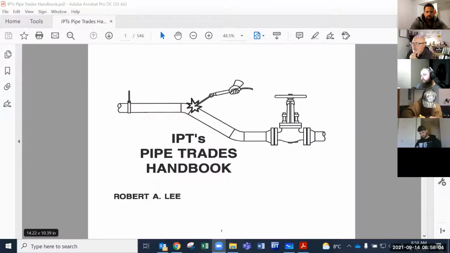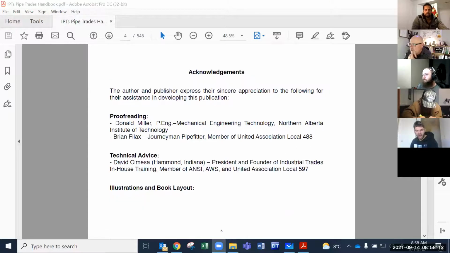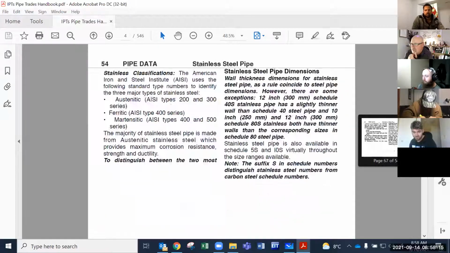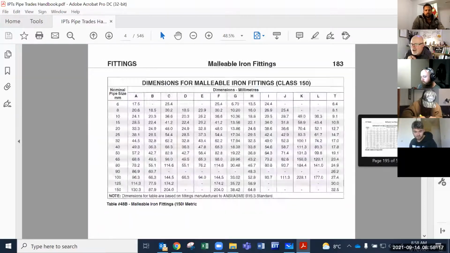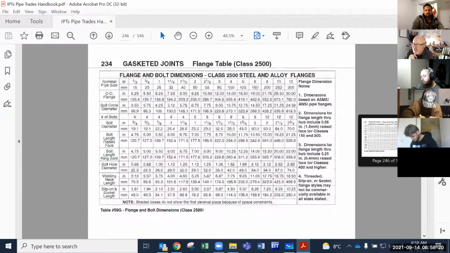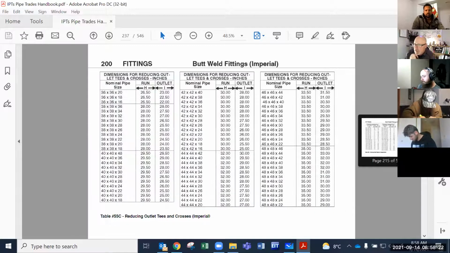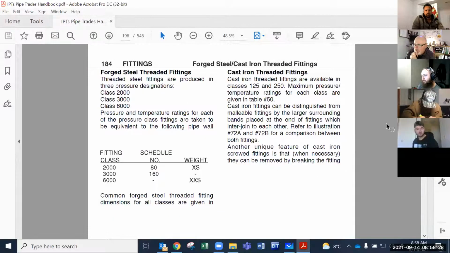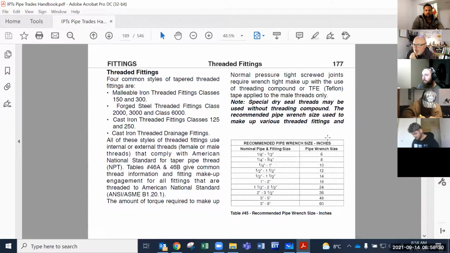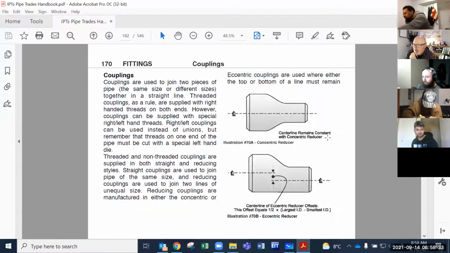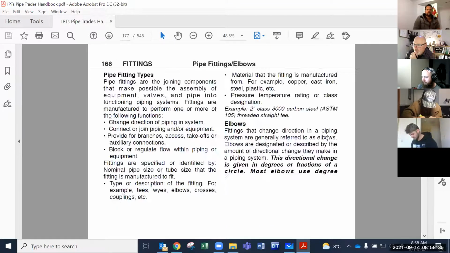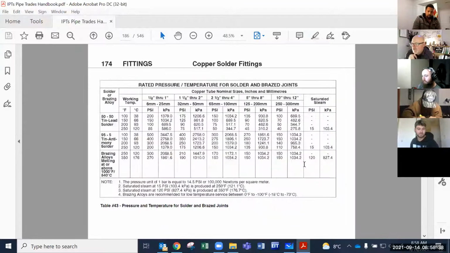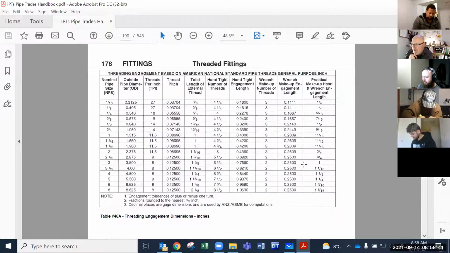So in your Pipe Trades Handbook here, what you can do is I'm going to scroll all the way to screwed fittings, and it's going to be way down here in page 100 and something. Let me get to screwed fittings, copper fittings, threaded fittings.